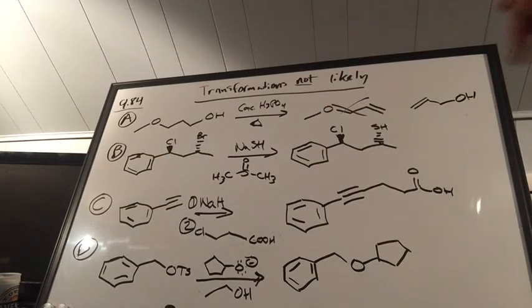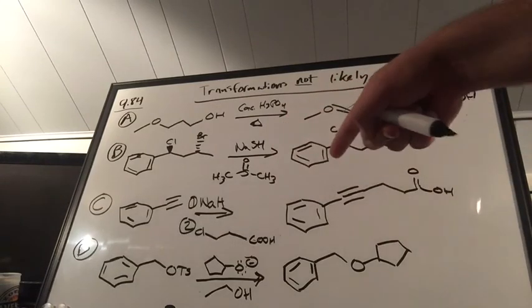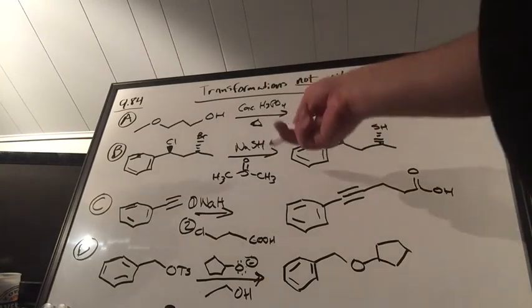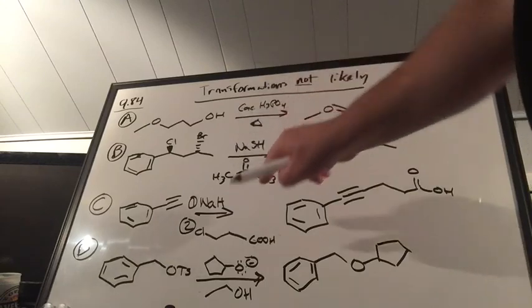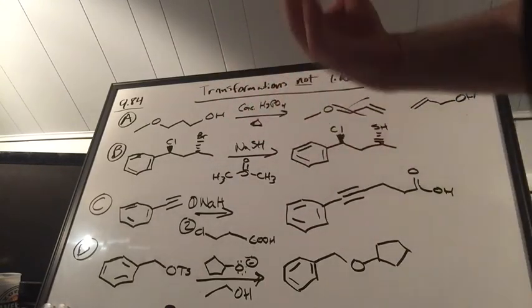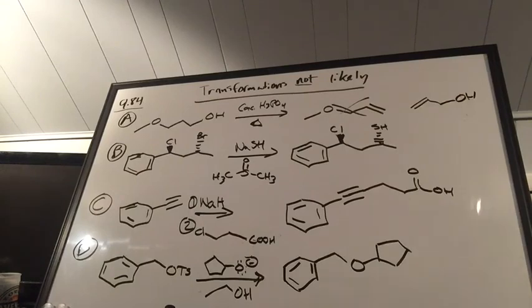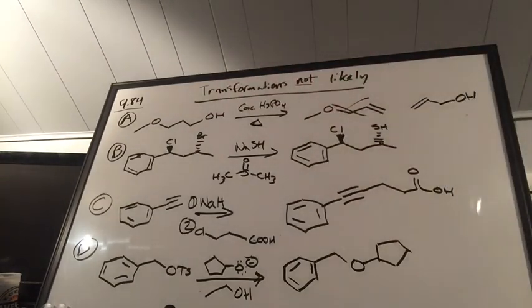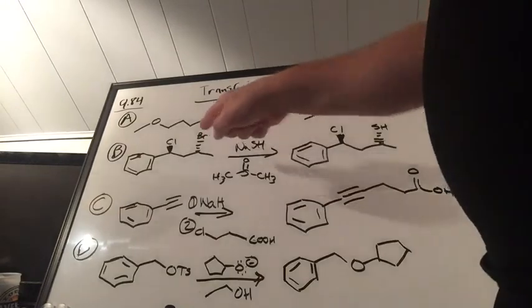For B, this is a little bit more straightforward. You have SH minus, which is going to be a moderate nucleophile, but notice how sulfur is going to be a little bit less accommodating for holding extra electrons than, say, its isoelectronic counterpart oxygen. So it's actually going to be relatively nucleophilic.